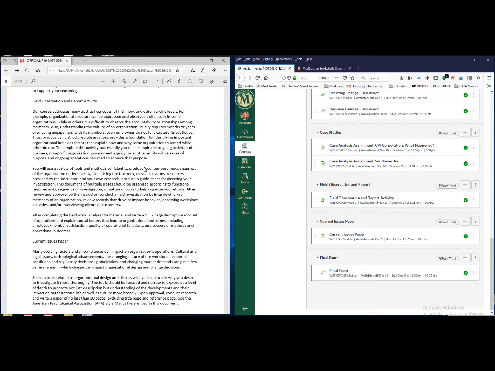The field observations and report. Our course addresses many abstract concepts at the high, low, and other varying levels. For example, organizational structure can be expressed and observed quite easily in some organizations, while in others it's difficult to observe accountability relationships among members. All right, so if we have a bureaucratic organization, we know where everybody sits, where they are on the org chart, who they're responsible for, and what the limits of their authority is.